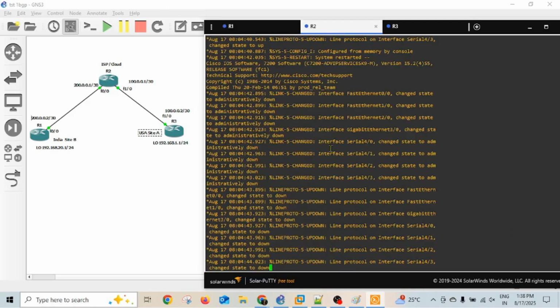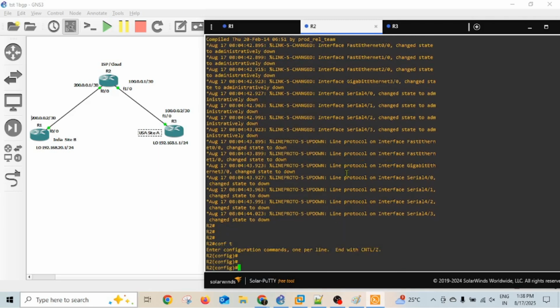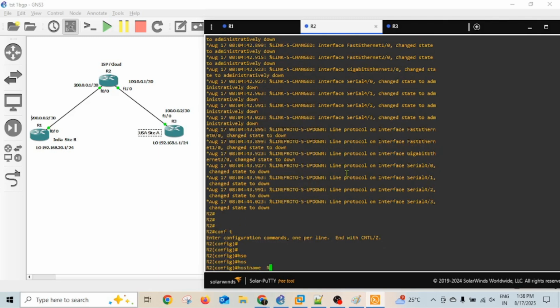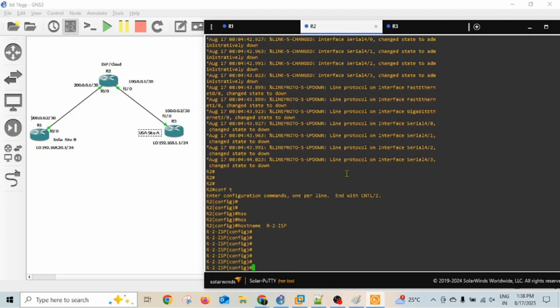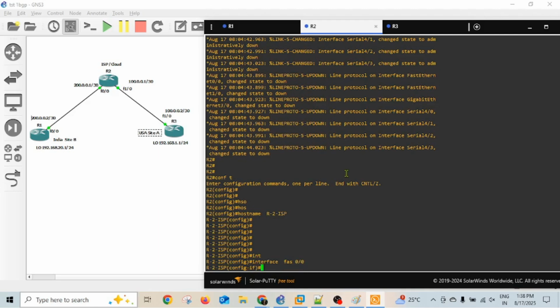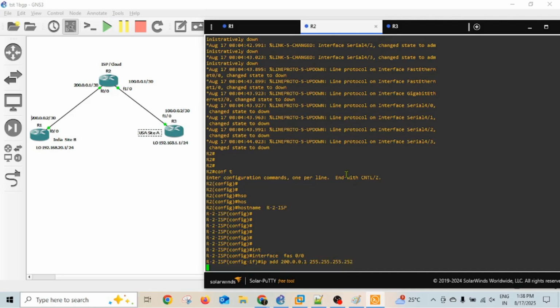And we go to router 2, configure hostname R2. It's the ISP, the internet service provider. Interface FastEthernet 0/0 belongs to R1 for the India side, so we configure the IP address here.